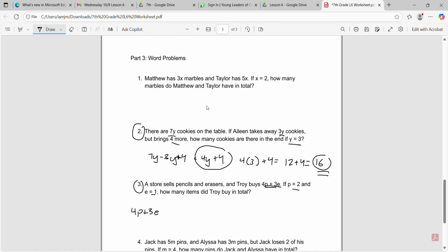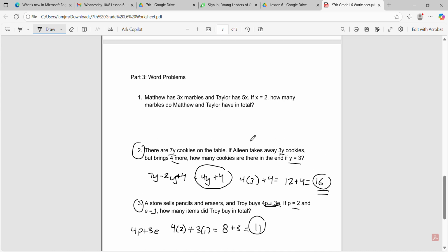There's no like terms to combine, so we'll go as it is. p is 2, so 4 times 2 plus 3 times 1, which is 8 plus 3, which is 11. He bought 11 items total.